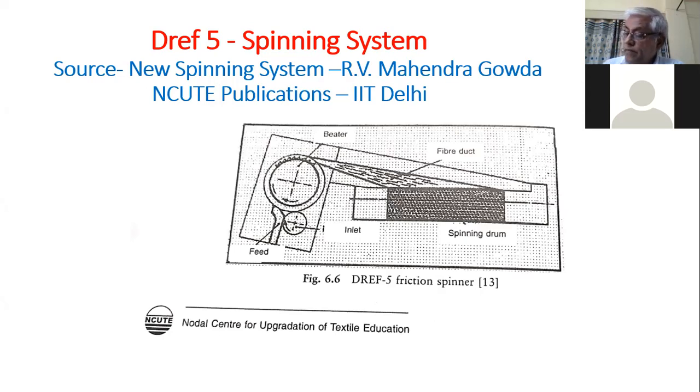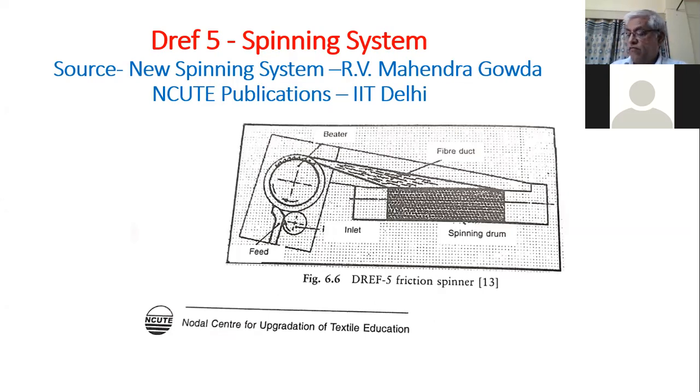In this machine, the individualized fibers from a single sliver are fed through a closed or partly open duct into the spinning nip at an acute angle. The fibers are fed at an acute angle on the spinning drum.